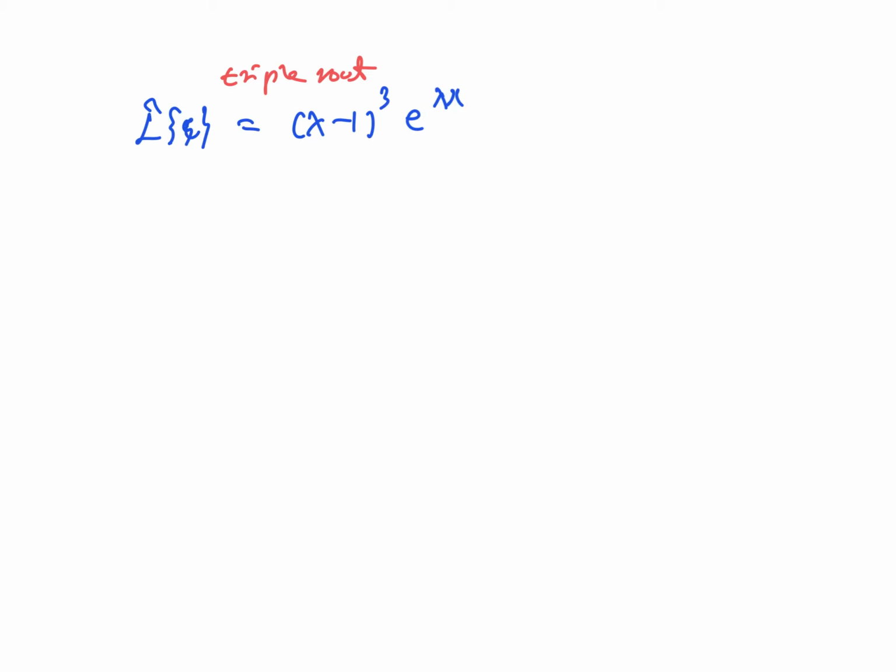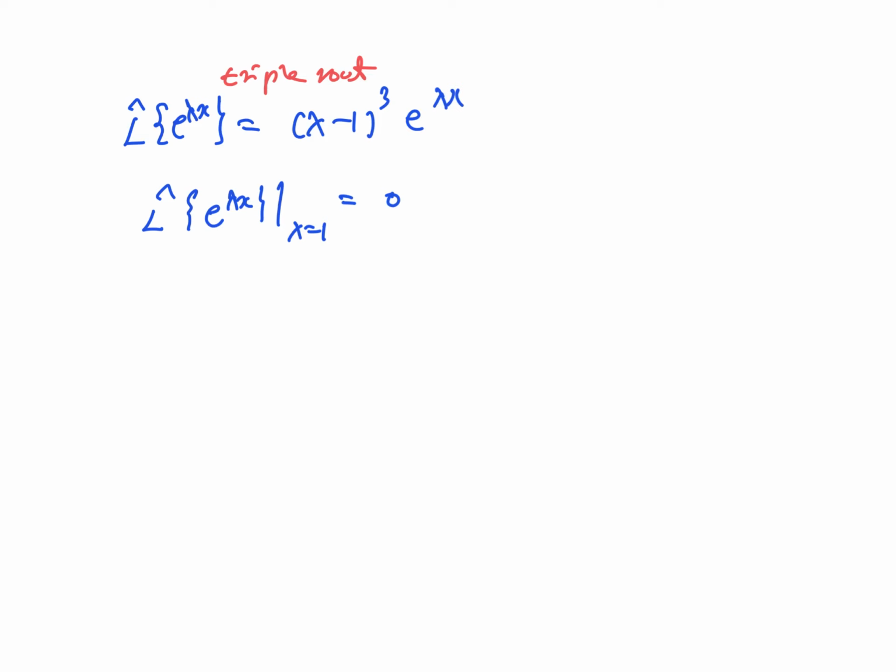Oh, exponential, sorry. L of exponential lambda x. So obviously, at lambda equals lambda 1 it is 0, right?